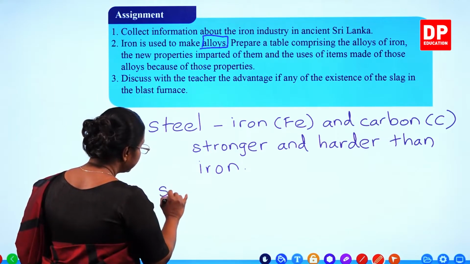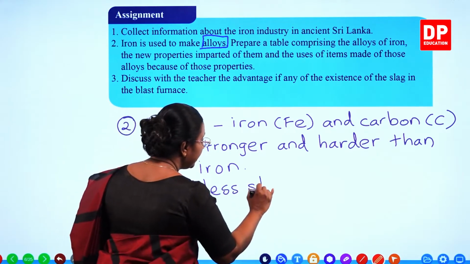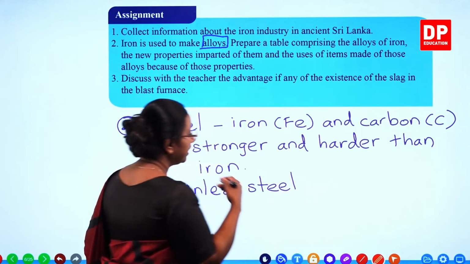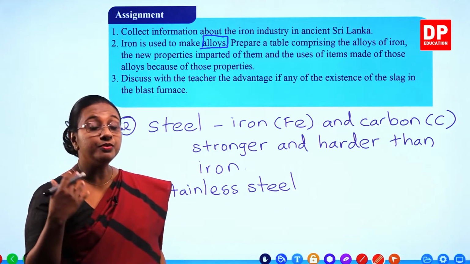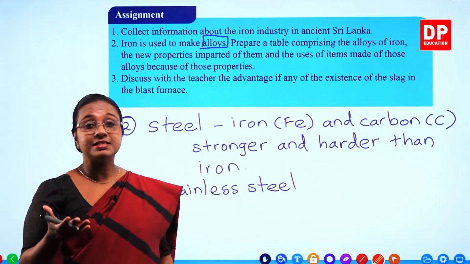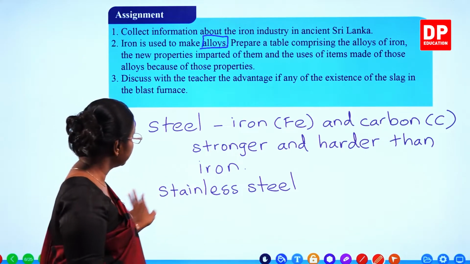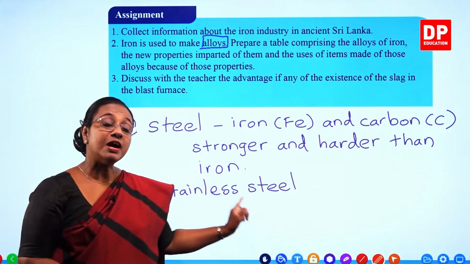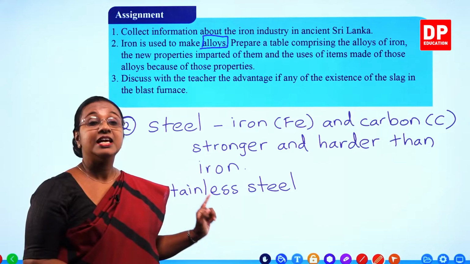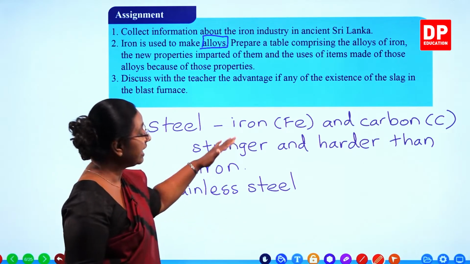Then we have stainless steel. Now, stainless steel is what we use in households. Spoon, fork, knife, then even the plates, dishes, cutlery, culinary, all these are made up of stainless steel. Why do we call it stainless steel? It does not rust very easily. Now, this is again an alloy.